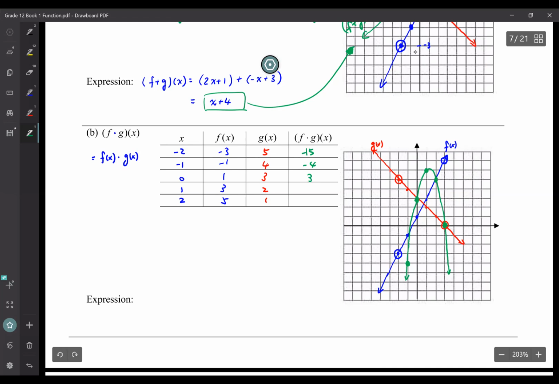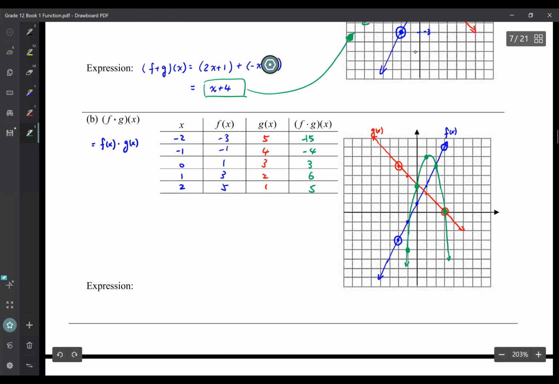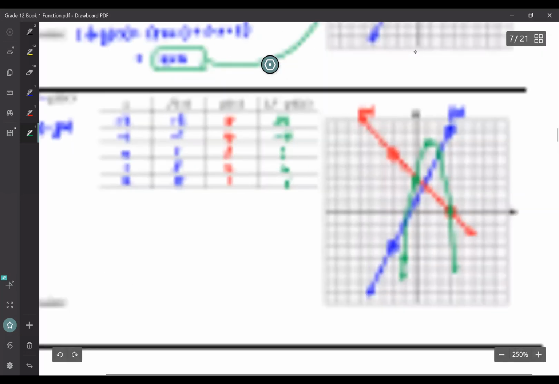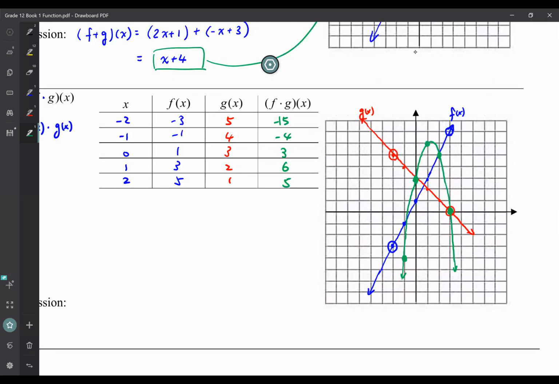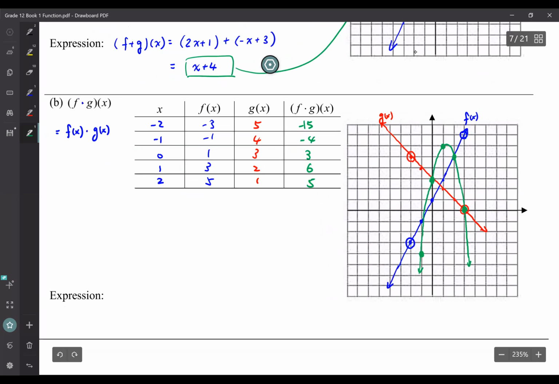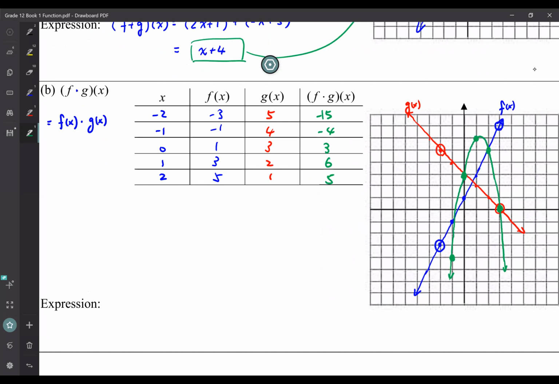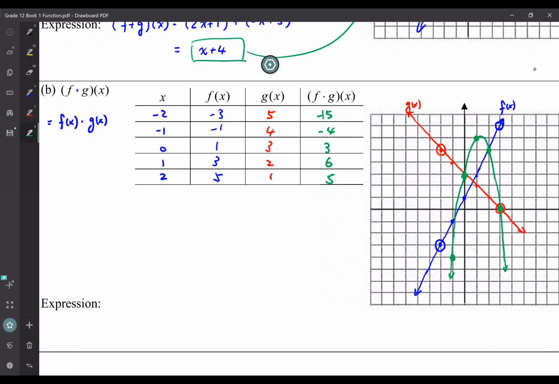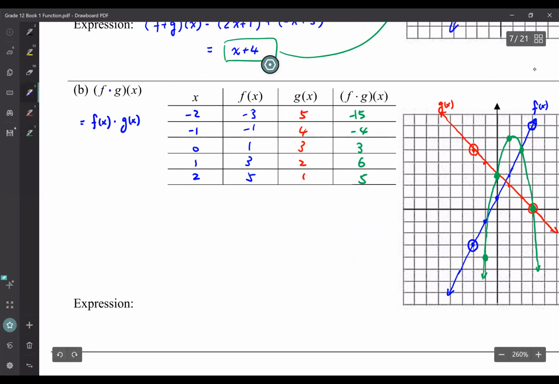And then 6, and then 5. So we have these ones. So this one we get a parabola. Let's see if it's actually a parabola when we get an expression. So you can see that it's doable. If you know only the graph, we can still draw the green one. Now let's find an expression for this.